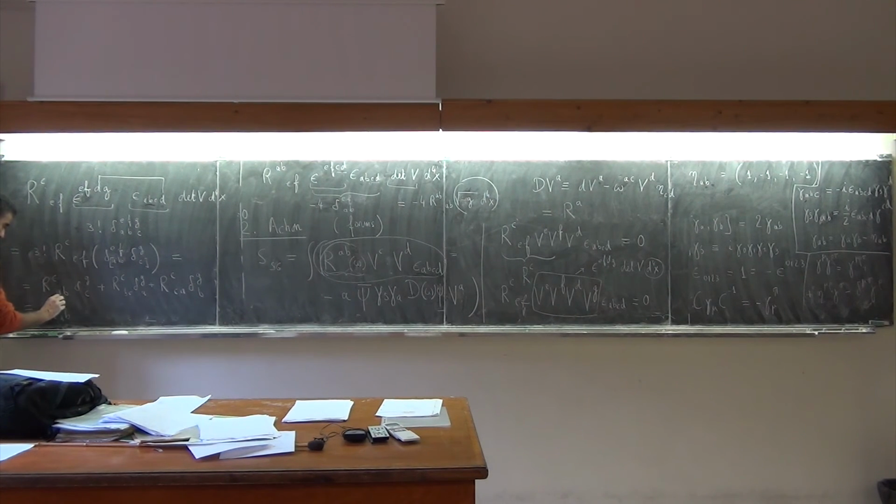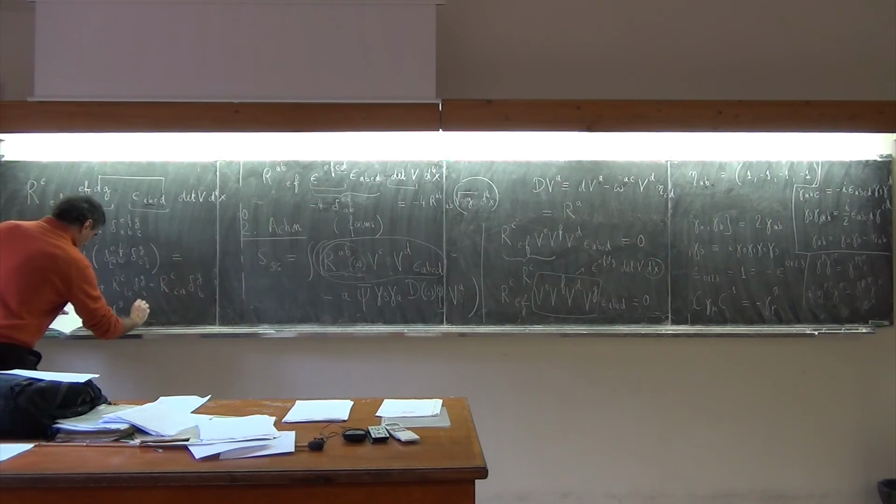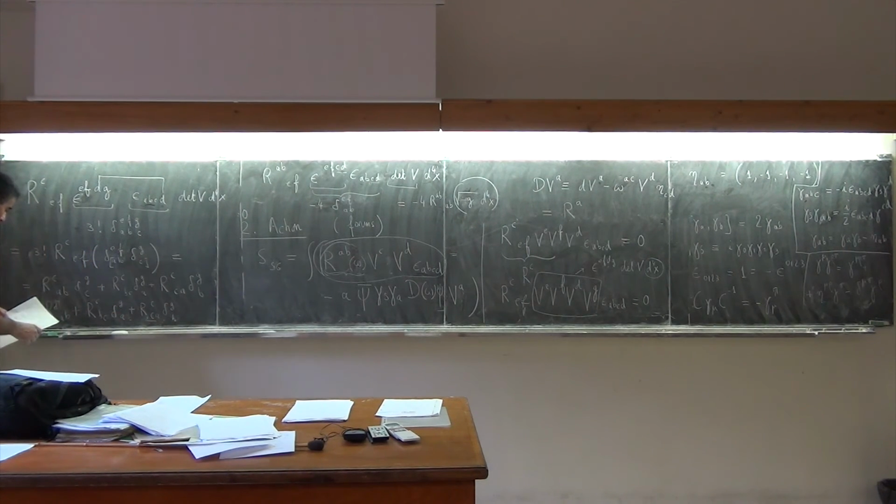That the C becomes a G, GAB, plus RCBC, delta GA, plus RCCA. Okay, that was useless. Okay. Now I can contract the two indices G and A.